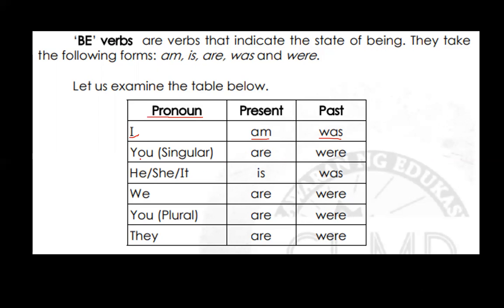Now, "you," a singular pronoun, refers to the person in front of you or the one that you are talking to. If the things that you are talking about are currently happening, or presently happening, we use the word "are." You are late. You are currently late. You are saying that the person in front of you is already late.